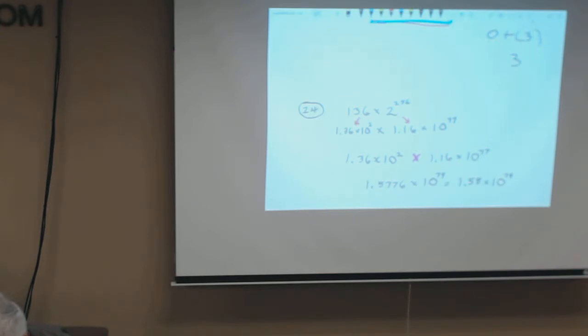So I just put down what Sir Arthur said, and I don't care who he is. I'm just writing down the math. 136 times 2 to the 256th. It can be shown that 2 to the 256 is approximately 1.16 times 10 to the 77th. So this number becomes this number, doesn't it? You follow that?